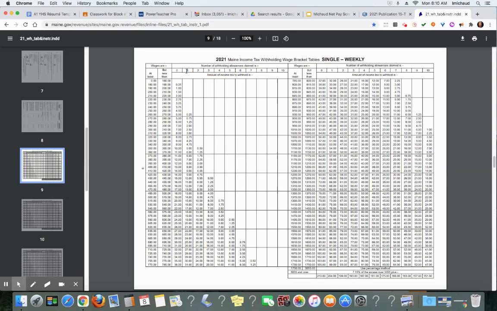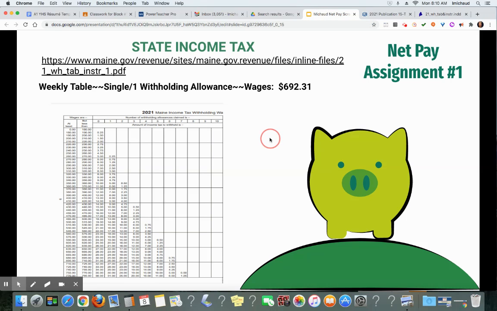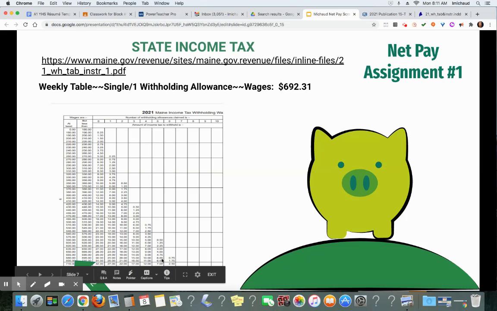A withholding allowance is the number of people you're financially responsible for. So we find the intersection of the wages and the withholding allowance, and you'll notice it's $25. And this is just the table in the presentation that shows you how to get that number.